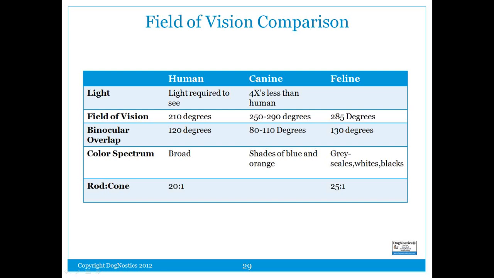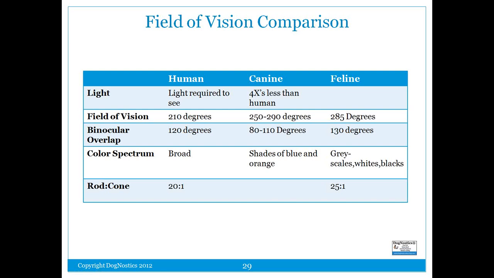And then as we talked about the rods and the cones, rods are dim light, cones are bright light and color. The human ratio is 20-to-1. In cats, it's 25-to-1, and in dogs, they're not really sure, but it's somewhere between 20 and 24-to-1, so they can differentiate that dark light a little bit better.